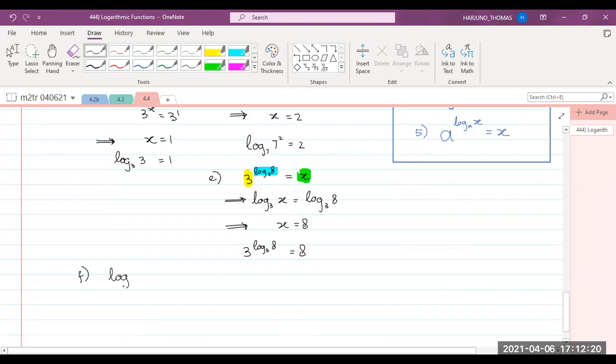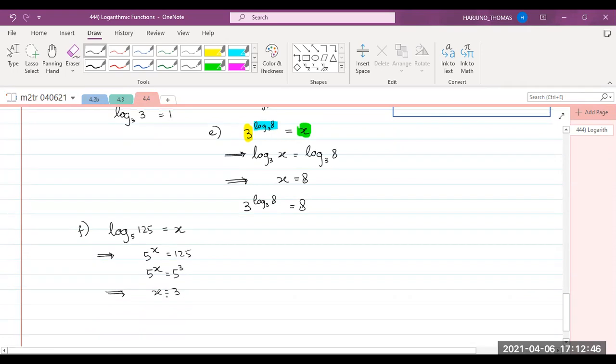If you don't know, call that x, and then you rewrite that as 5 to the x equals 125. But 125 is 5 cubed. So from there we see x equals 3, and so log base 5 of 125 is equal to 3.